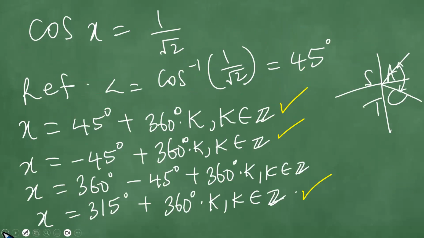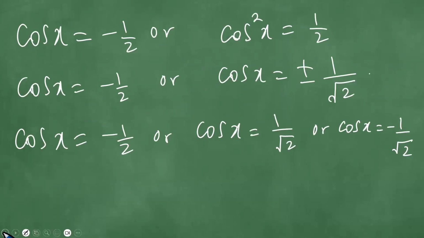Just a recap: when we factorized the trigonometric equation, which was a cubic equation, or an equation of third order, we were able to get three small equations: cosine x equals minus 1/2, cosine x equals 1 over the square root of 2, or cosine x equals minus 1 over the square root of 2.